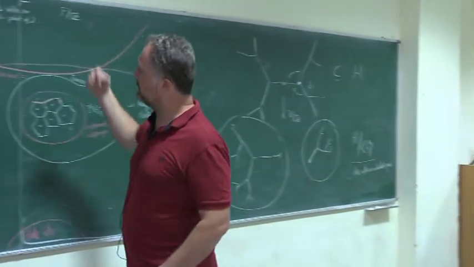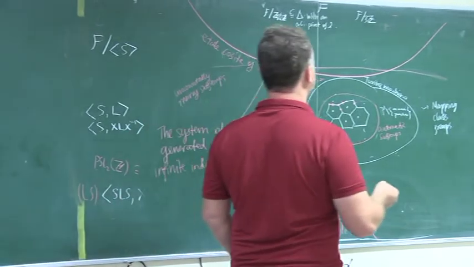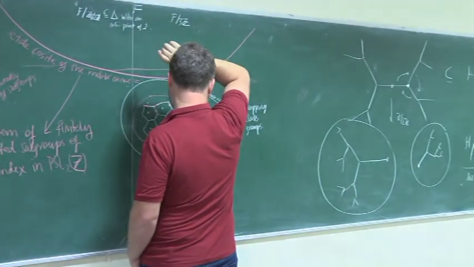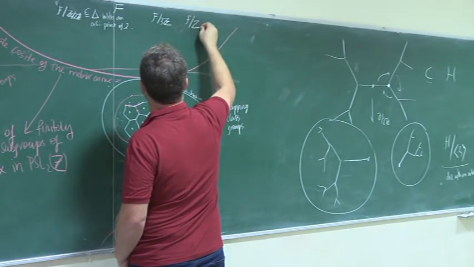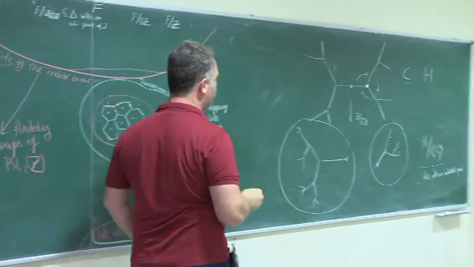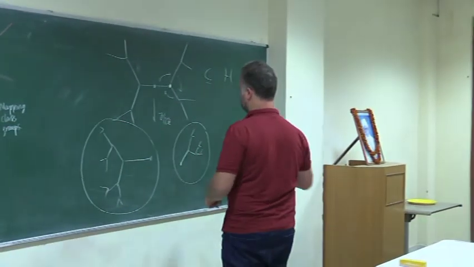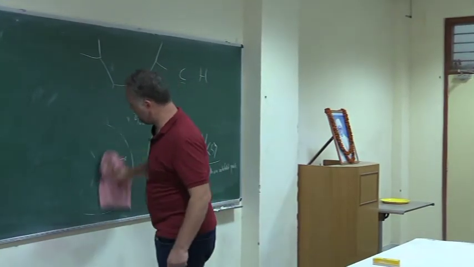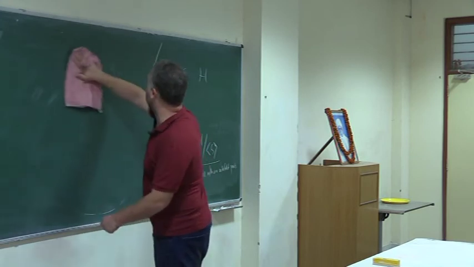Well, these subgroups are themselves finite, and the simplest infinite and finitely generated subgroup of infinite index is Z, F over Z. What happens when we quotient this tree with the action of Z? Such a subgroup is necessarily generated by one element, right?